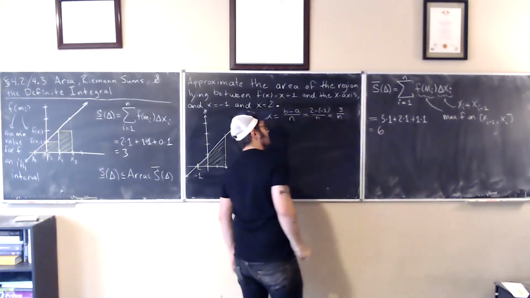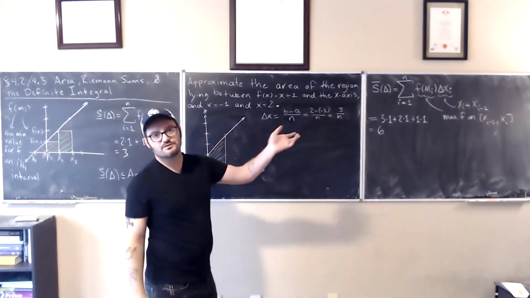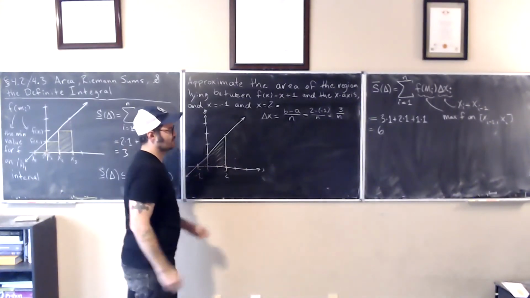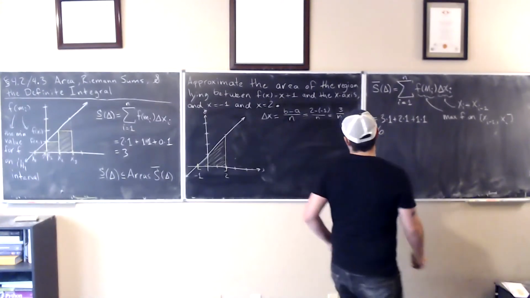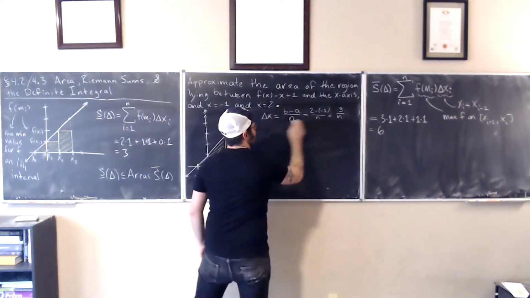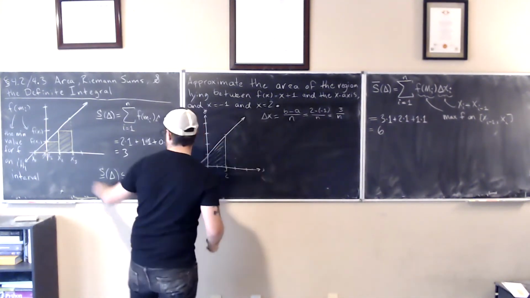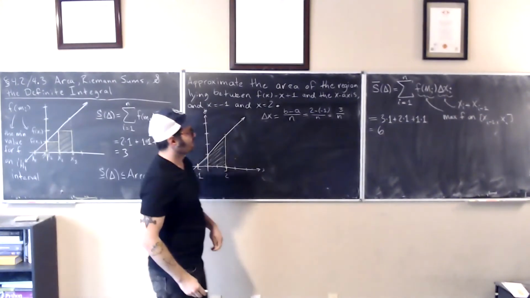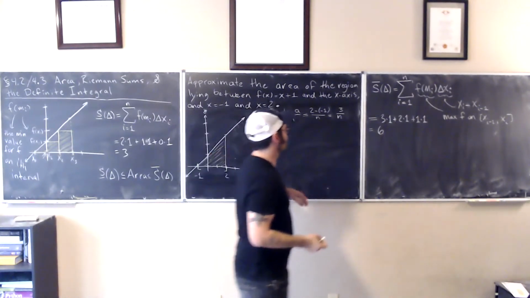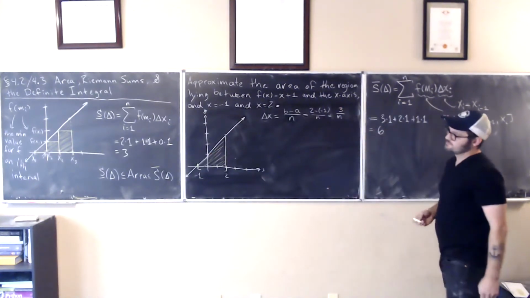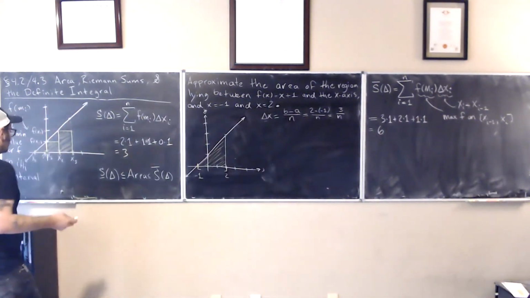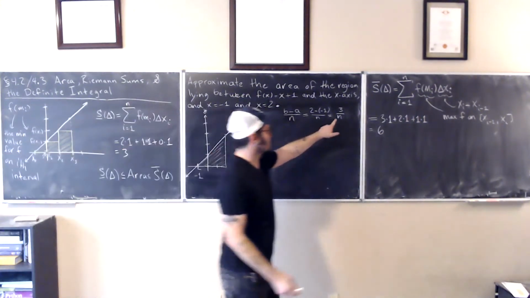Depending on n, if we choose n to be 2, there'd be 2 partitions of length 3/2. If we choose n to be 3, there'd be 3 partitions of width 1, which is like we had. If n is equal to 4, there'd be 4 partitions of length 3/4. I might have said that last one wrong, but this is the width of each partition.